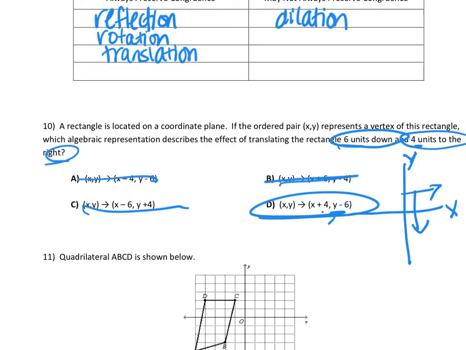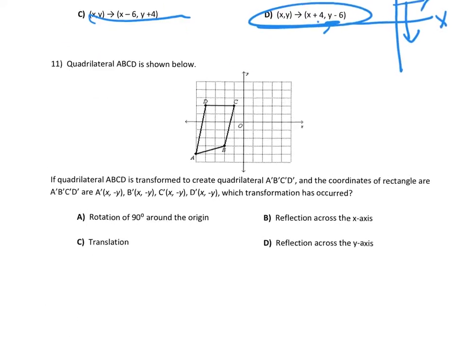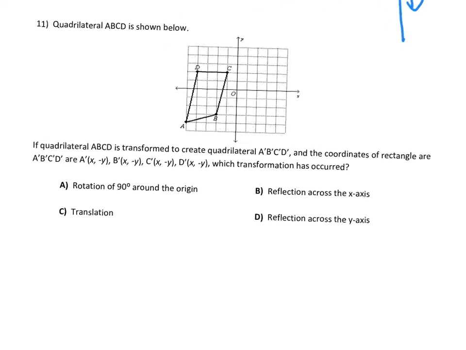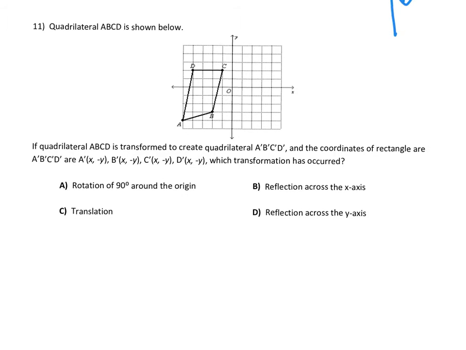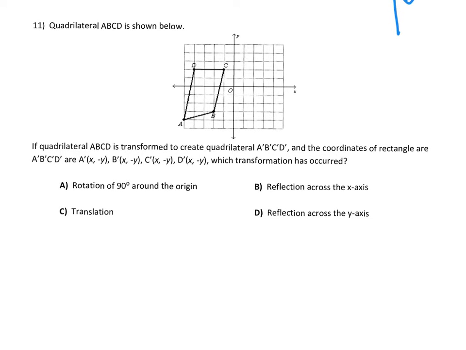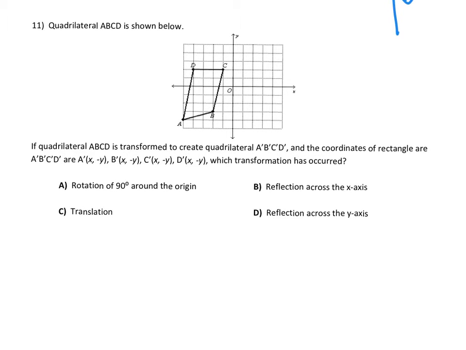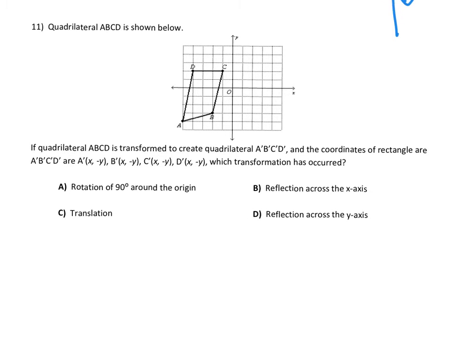Number 11, quadrilateral ABC is shown below. If quadrilateral ABC is transformed to create the next one, which transformation occurred? ABC, so (x, y) to (x, negative y). What happened? Is it a rotation, a reflection?